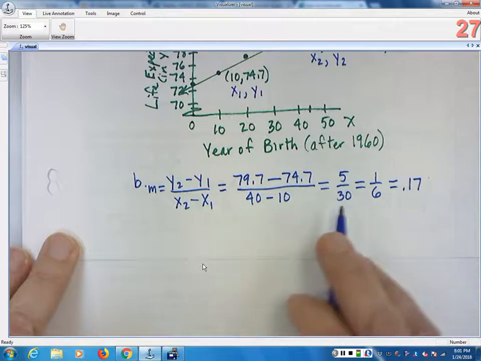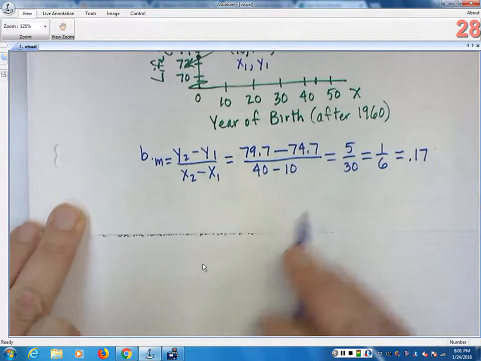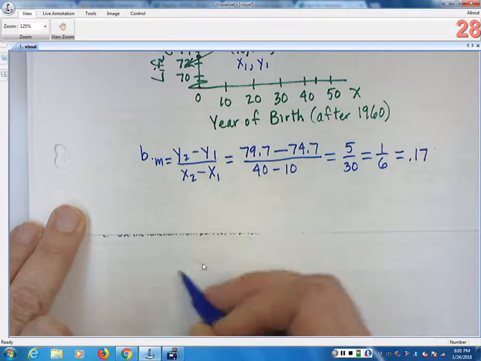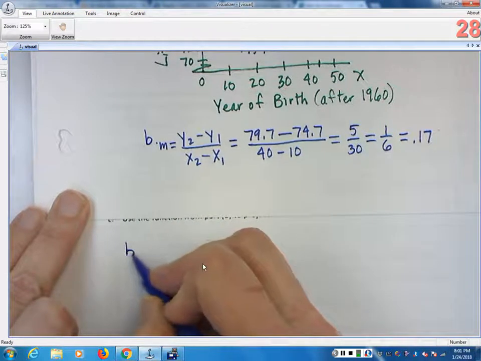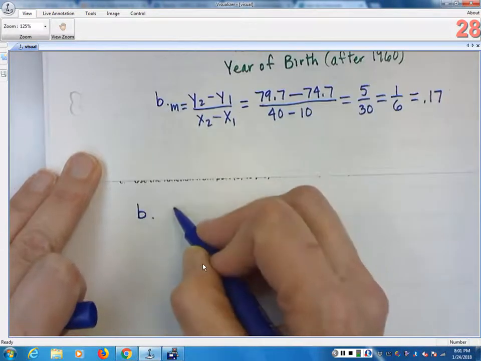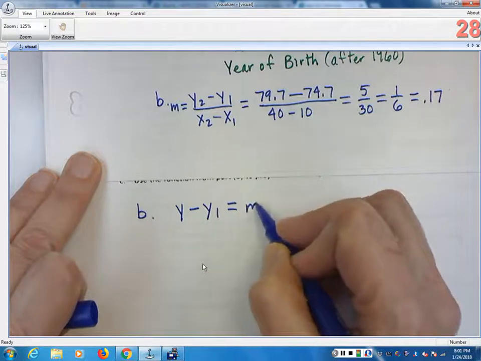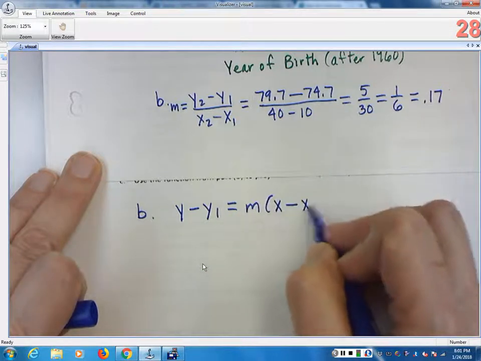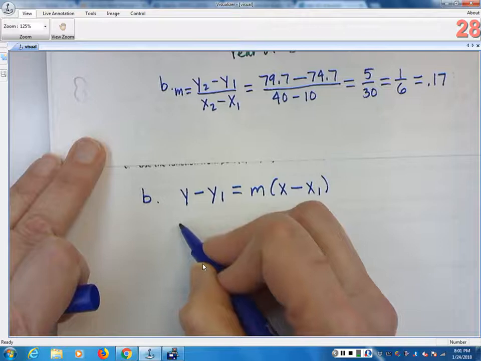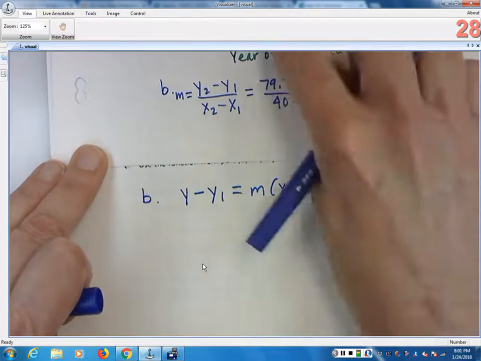And then we've got to solve this to find the equation. This is part B continued. Y minus y1 equals m times x minus x1. And we can just use this first one.